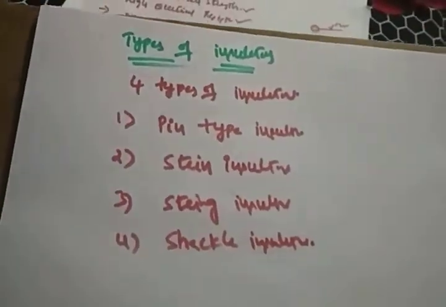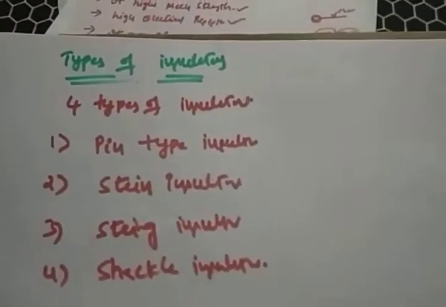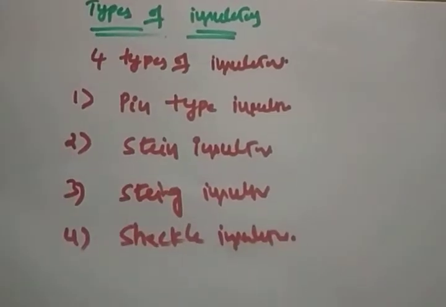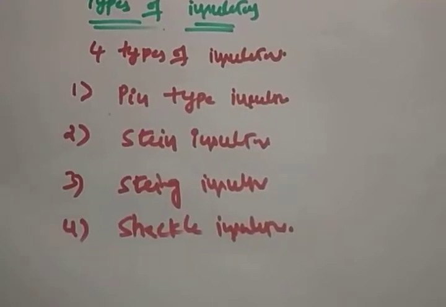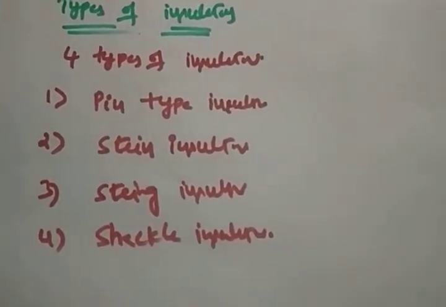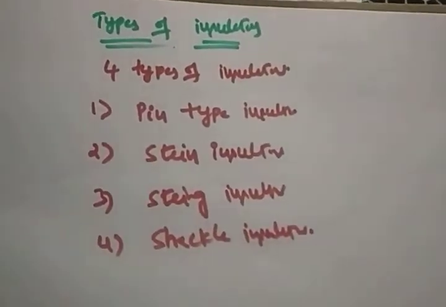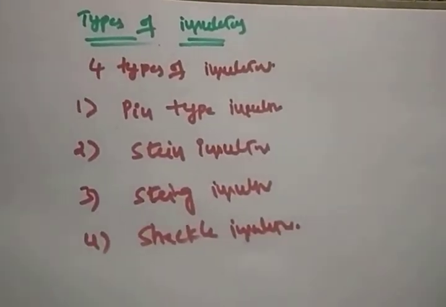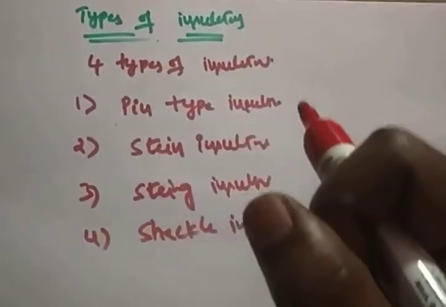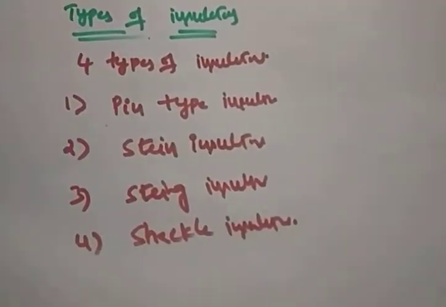So how many types of insulators are there? There are 4: pin type insulators, strain insulators, string insulators and shackle insulators. We will discuss what a pin type insulator is, its diagram, and at what voltages it is used.